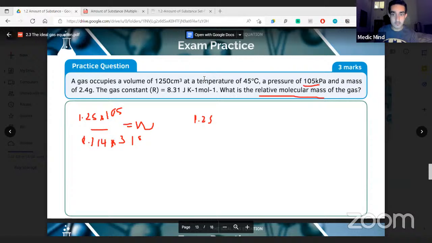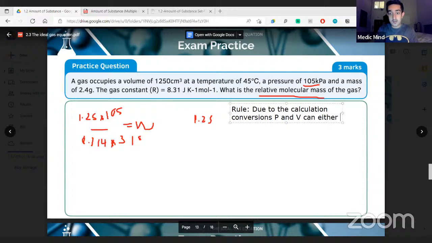So, important rule here. Due to the calculation conversions, P and V can either be in kPa and dm^3, or in pascals and meters.